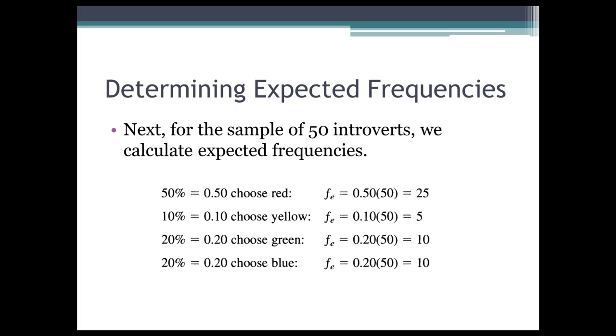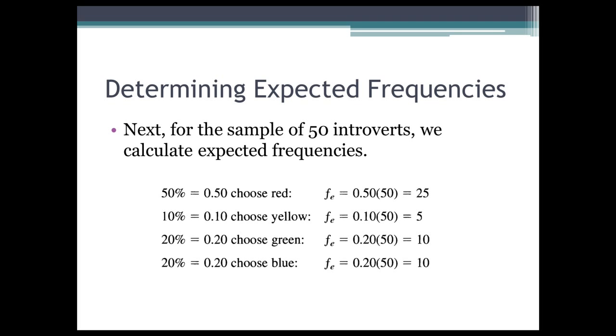Now we then look at introverts versus extroverts. So for the sample of introverts, there's 50 introverts in the sample. We calculate the expected frequencies. So we're saying that 50% of individuals should choose red regardless of whether or not they're an introvert or extrovert. So the expected frequency would be 0.5 multiplied by 50.